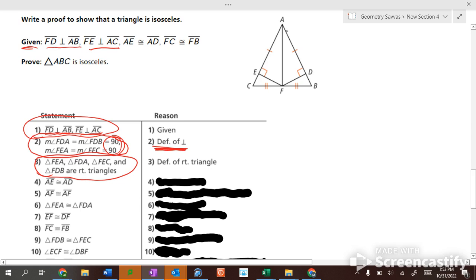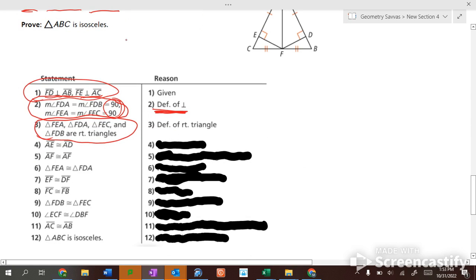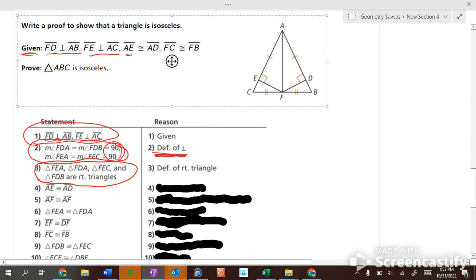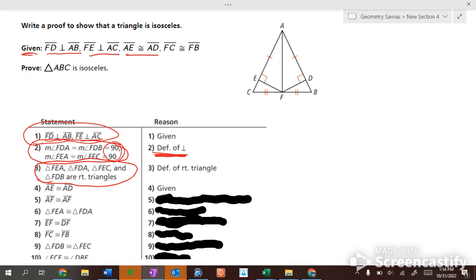Then it says AE is congruent to AD. How do I know AE is congruent to AD? Do I see it anywhere? Besides the picture being marked, is it somewhere else in the directions? It's in the givens. It is right here. AE is congruent to AD, so that must be given. AF is congruent to AF. This is a super important one that will come up a lot.